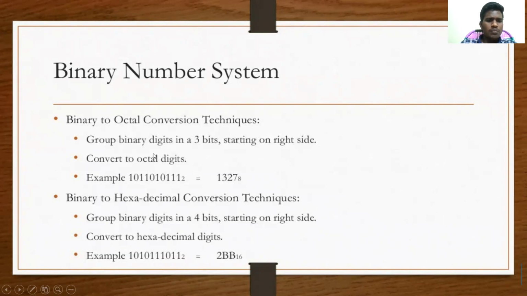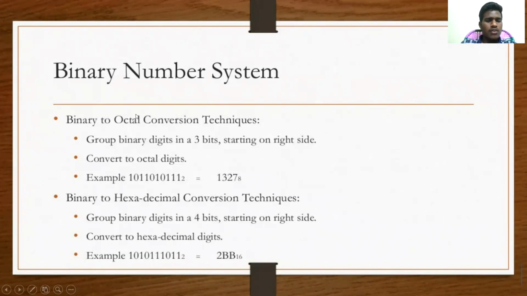So we can simply convert binary to octal if we divide it into 3 bits each. Otherwise, we can also convert by first converting binary to decimal, and then decimal to octal.